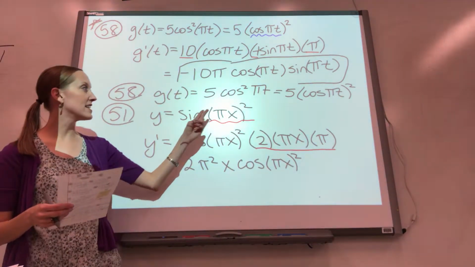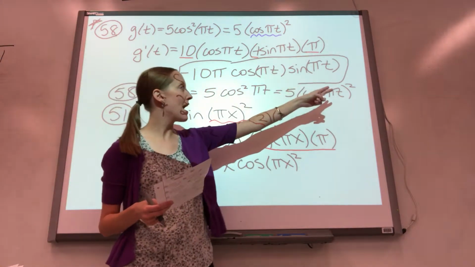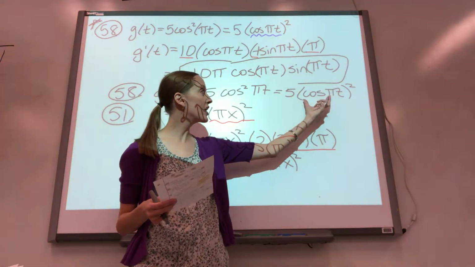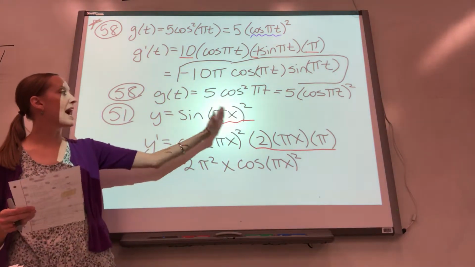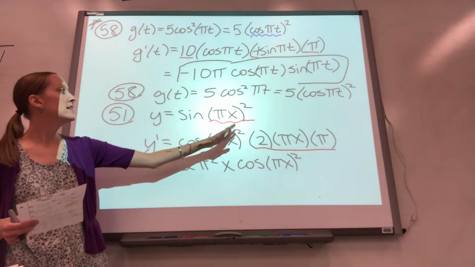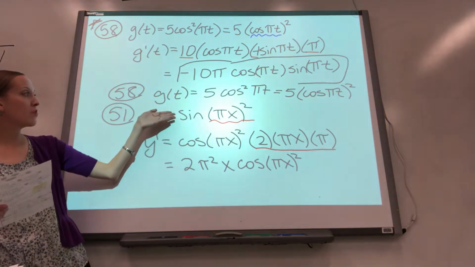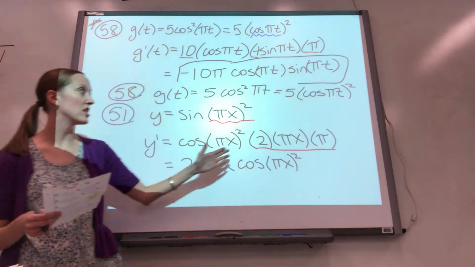So the difference is just the square. With that one, it was around the entire trig function, but with this, it's just around the part after the trig function. So you do this starting with the chain rule for trig functions.